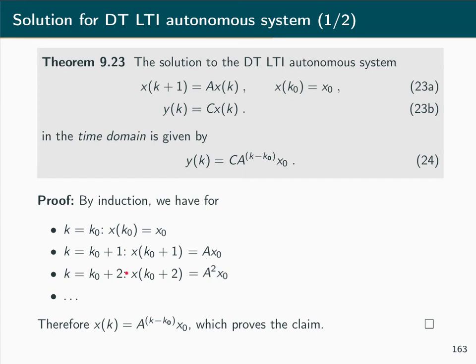To get to x of k naught plus 2, we have to multiply x of k naught plus 1 again with the matrix A. And doing this for A times x naught, we get to A squared times x naught, and so on. So we see that x of k must be equal to A to the power k minus k naught times x naught. And now to get to y of k, we just have to multiply x of k with C. So this proves our claim.